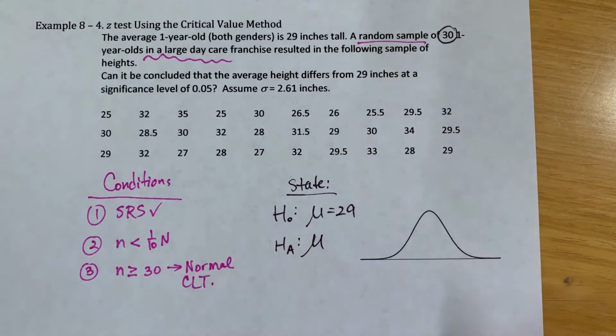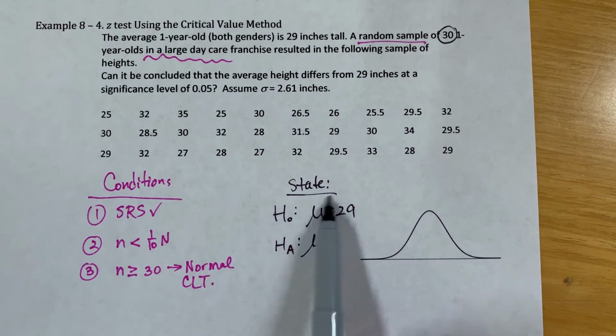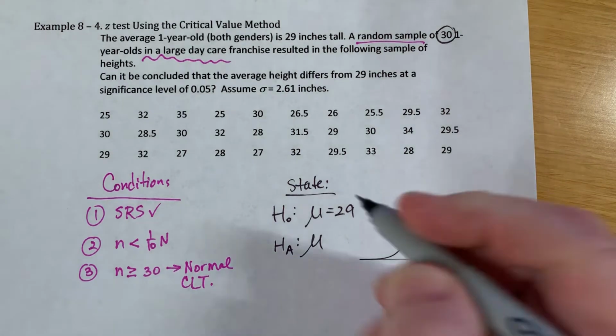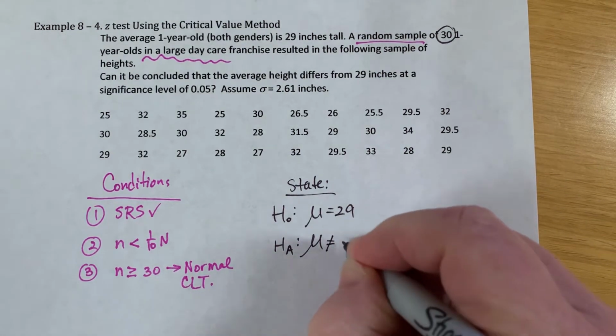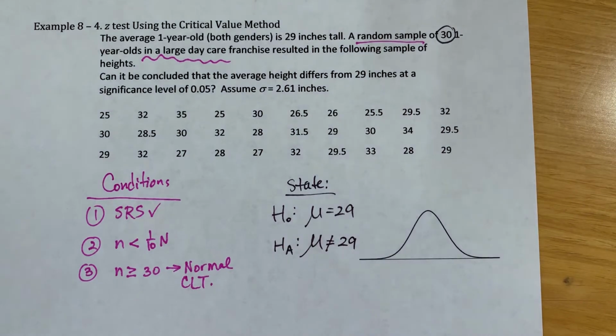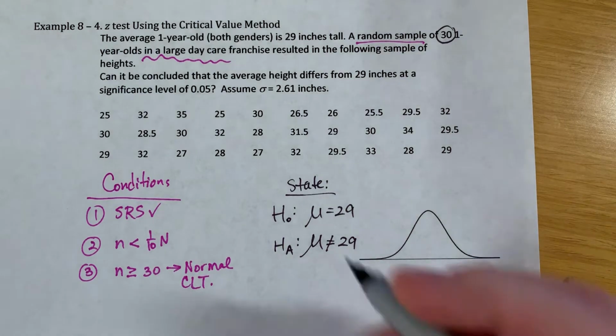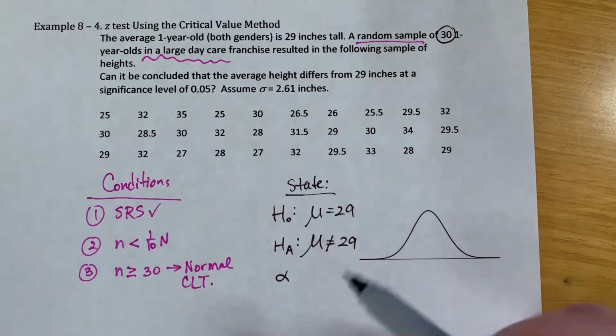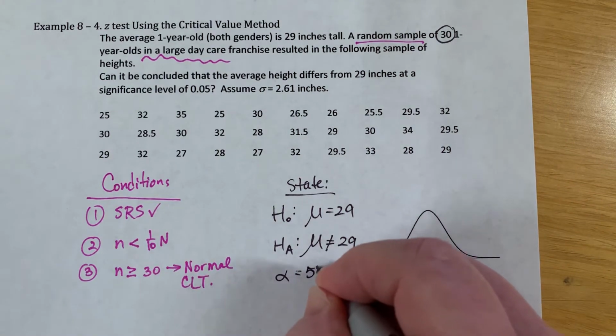So again, always you're making your statements about the parameter, never the test statistic. Never X bar, always mu. And this over here is different, okay, not equals. This business of different is going to mean that we're going to have a two-tailed test. Now, they give me also my significance level as 5%, so my alpha is 5%.